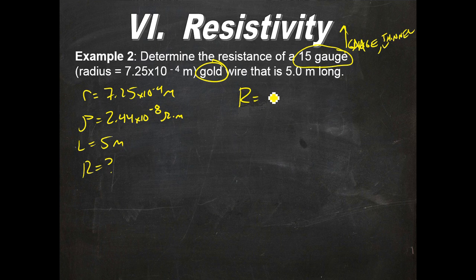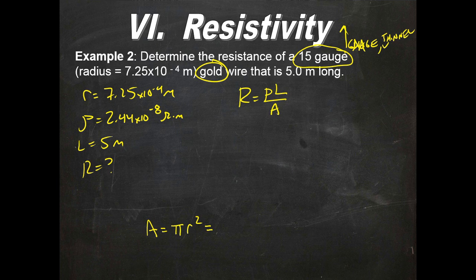So our equation is resistivity times length divided by area gives us the resistance. Well, for this particular problem, I'm not given the area. I'm given the radius of the wire. Well, assuming that the wire is circular, the cross-sectional area of it is the area for a circle, which is pi r squared.